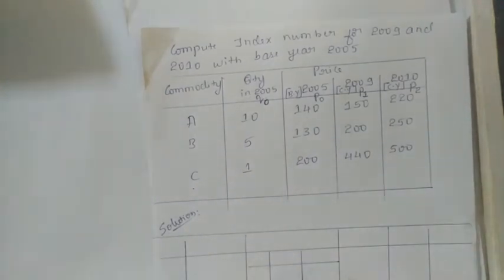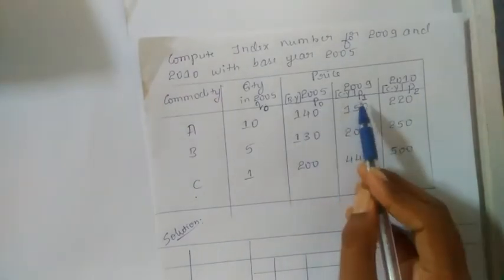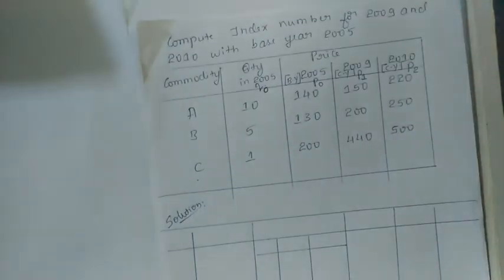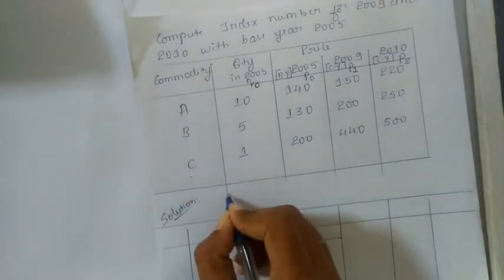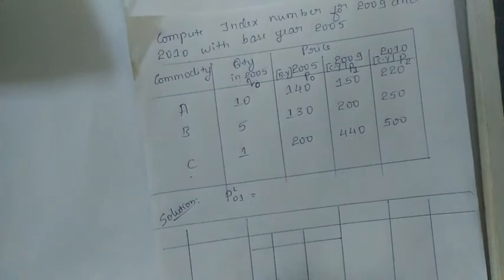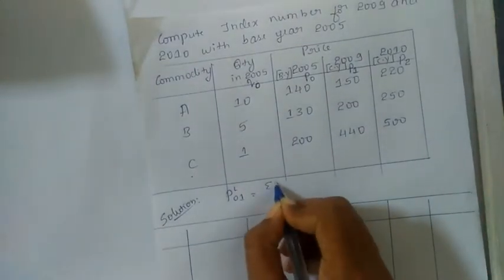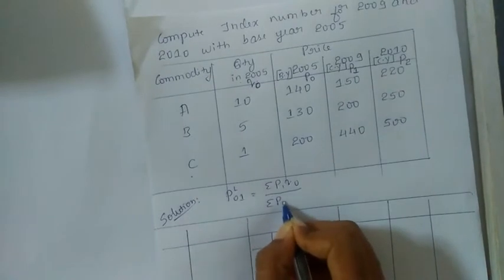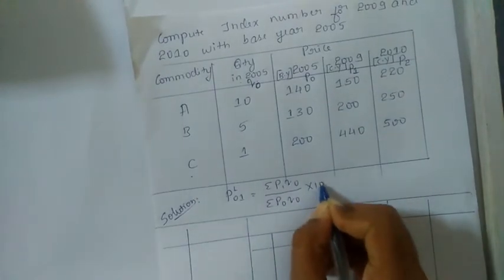So see here, P naught is given, P1 and Q naught. You have to write the Laspeyres formula first. Laspeyres price index number is equal to summation P1Q naught divided by summation P naught Q naught into 100.